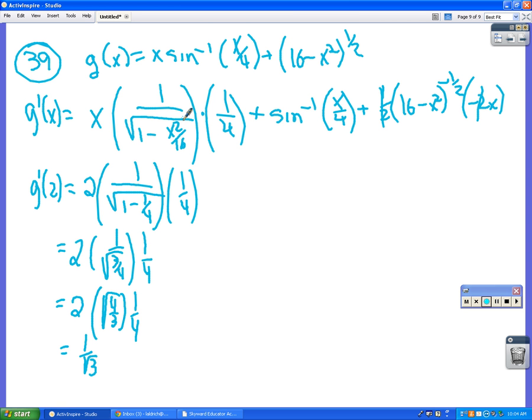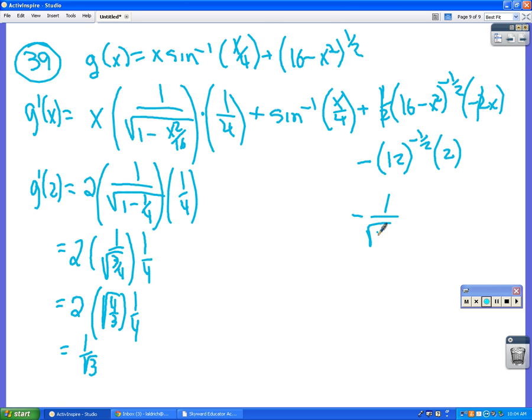And I'm going to assume that since the answer is pi over 6, that this is going to work out to be 1 over root 3 also. This is going to be negative. 16 minus 4 is 12, right? So that's going to work out to be that.